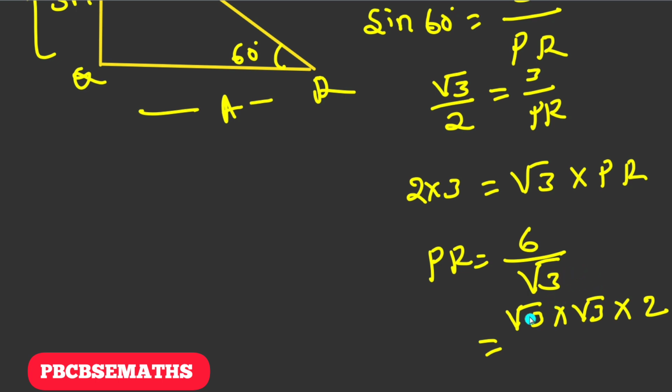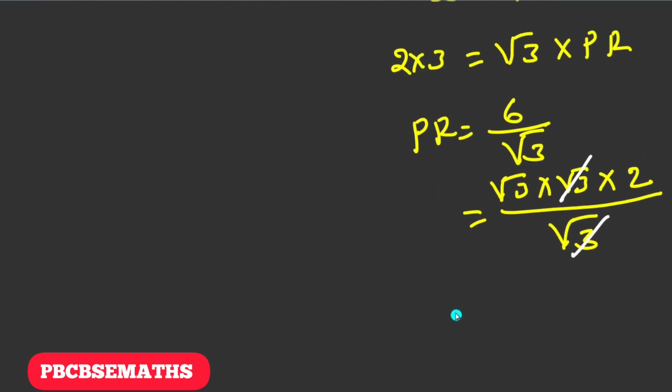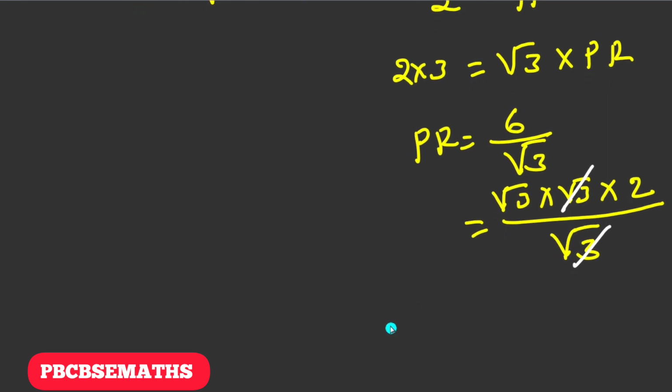Then square and root get cancelled, you get 3, 2 threes are 6, divided by this root 3. We can cancel root 3 and root 3. Then we are left with only 2 root 3. So the length of PR is equal to 2 root 3 meter.